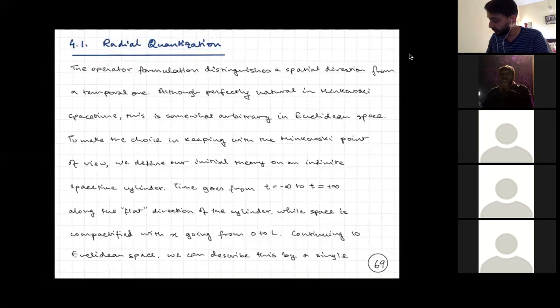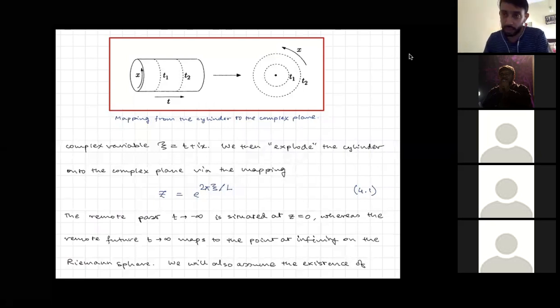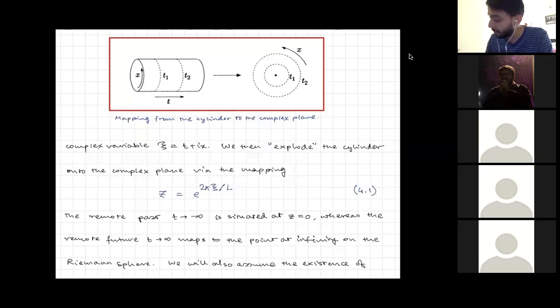So look at this, for example. We're going to actually define this on a cylinder, like we did last time. We spoke about the transition from the cylinder to the plane. So what we are going to be doing is curl up our spatial direction, and the time direction is going to run along the straight side of this cylinder, if you wish. You obviously do not want your time direction to be a circle or something.